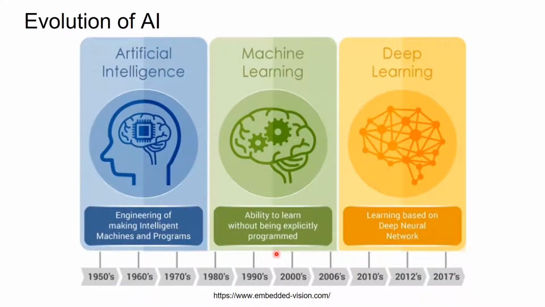This is the evolution of AI. You can see that in the 1950s to 1970s, the name AI appeared, and this was for making intelligent machines and programs. This was its main idea. Then from 1980, about 70 years ago, this changed to machine learning.